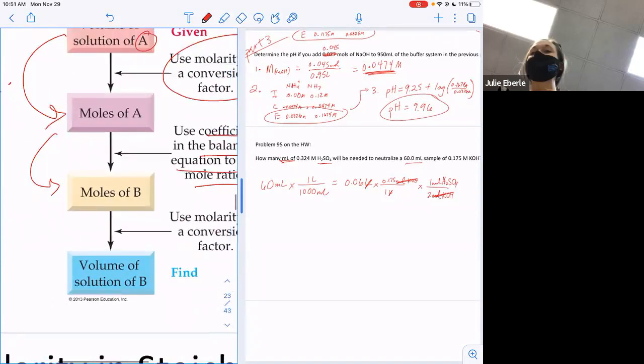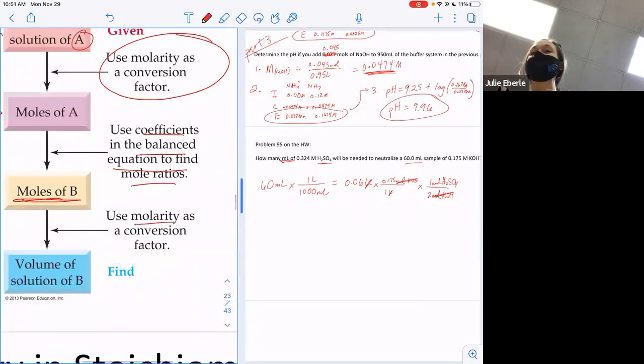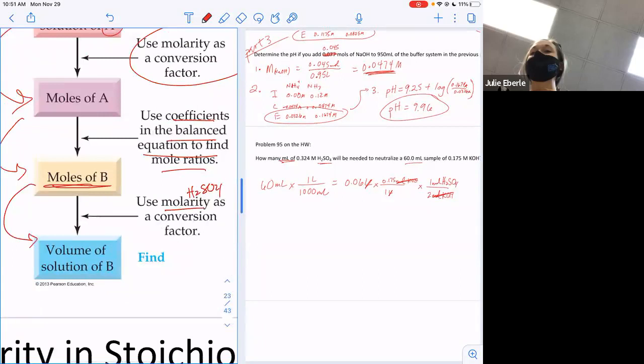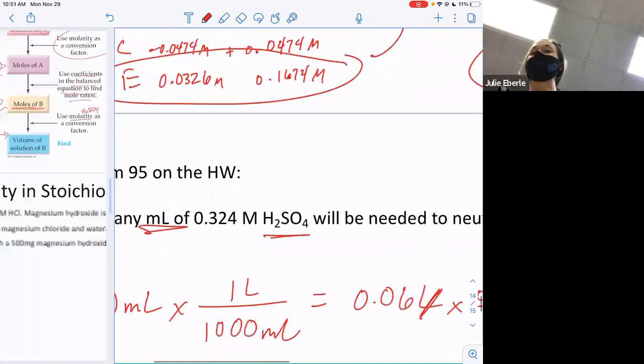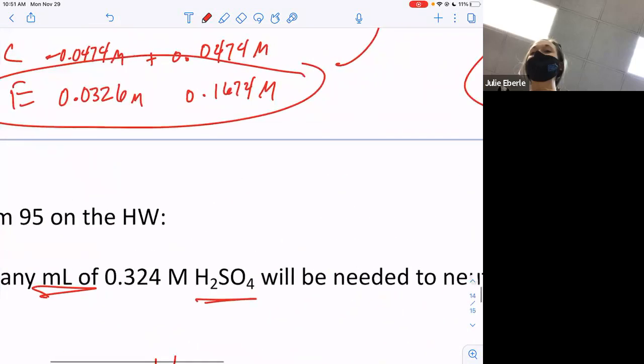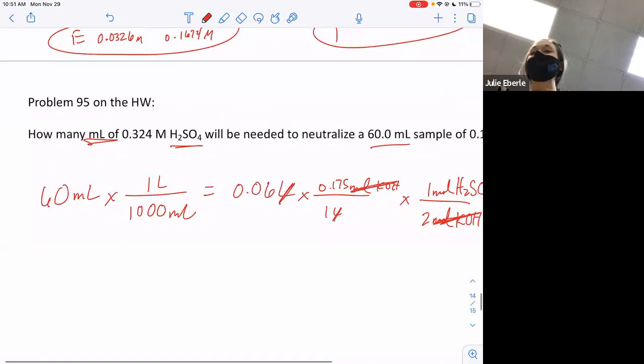Once we did step 2, using the coefficients in the balanced reaction, we're at moles of H2SO4 now. The last step is to use the molarity of our H2SO4 as a conversion factor to go from moles to volume. And I'm given the molarity right here. Okay, so I think we can shove that out of the way and just focus on this now.